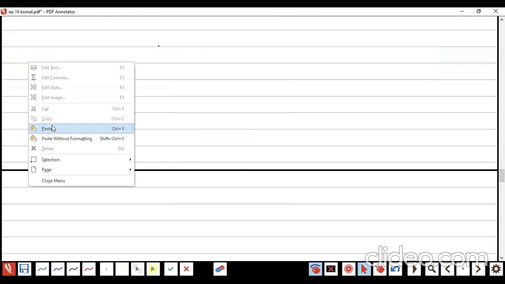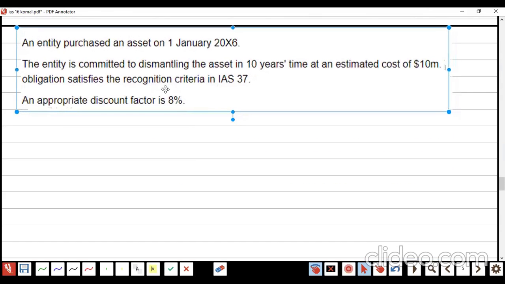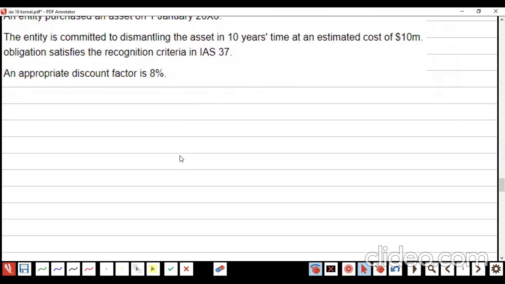It's in the study hub. ACCA's official study hub has this question.